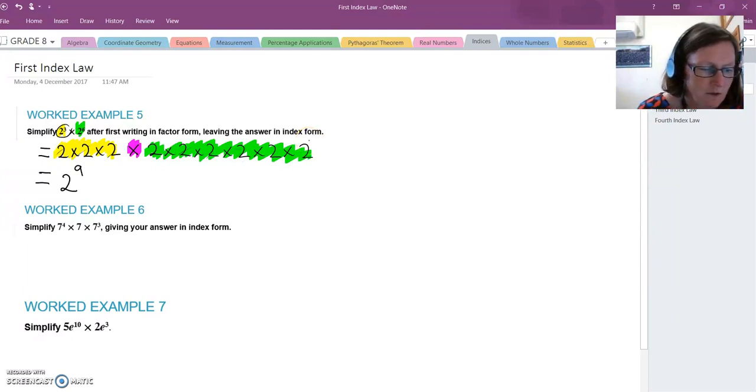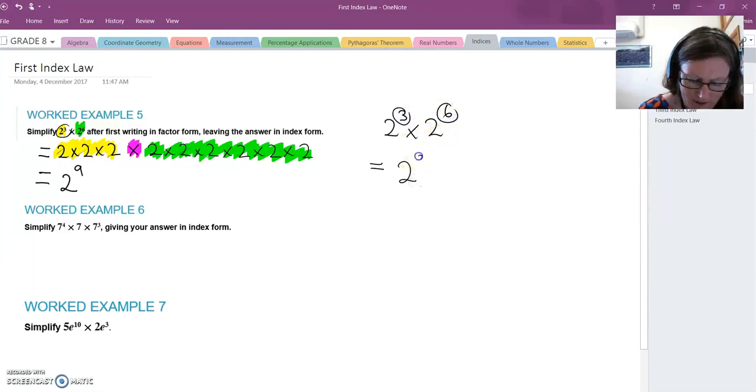So this is one way to do it. There is a simpler and faster way to multiply numbers or variables in index form with the same base, and this is index law 1. They must have the same base. In this case the base is 2 in them both, so we write down 2 and we add these numbers: 3 plus 6 gives us 2 to the power of 9.